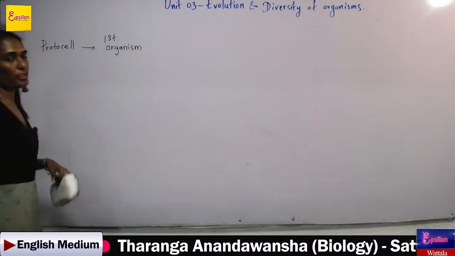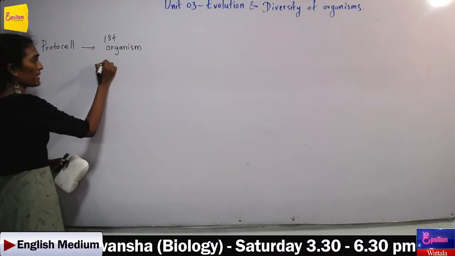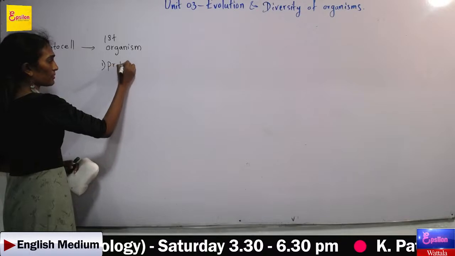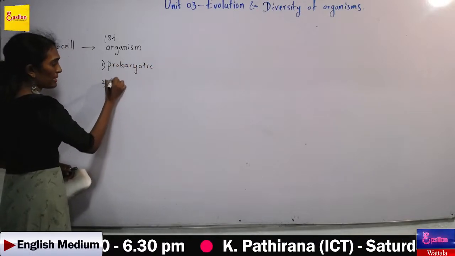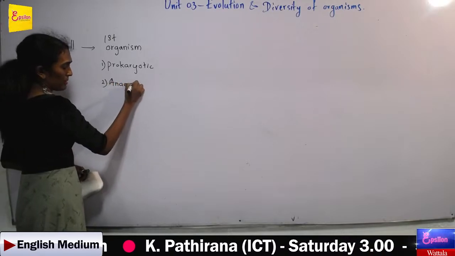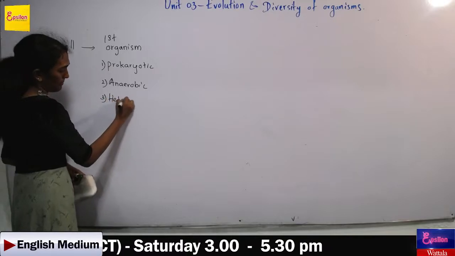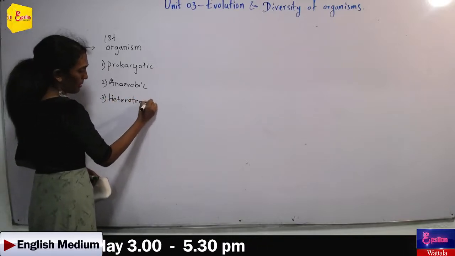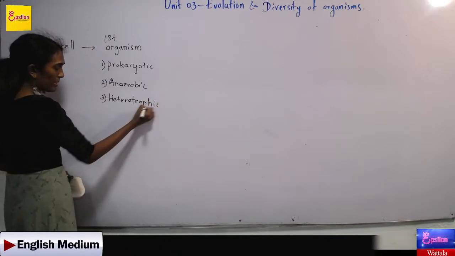If we talk about the features of the first organism, it was a prokaryotic organism, isn't it? What else? Anaerobic, heterotroph, isn't it? Unicellular organism. Am I correct?